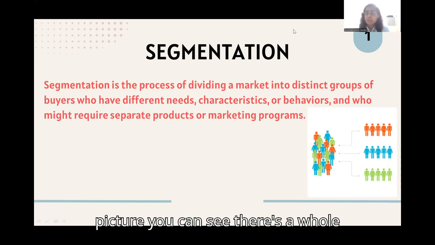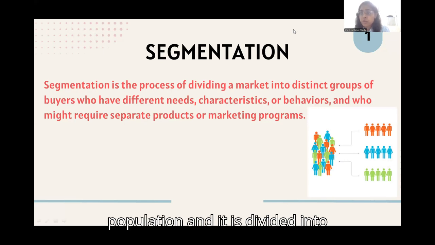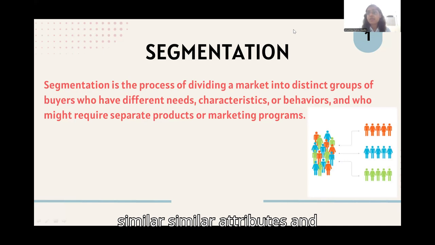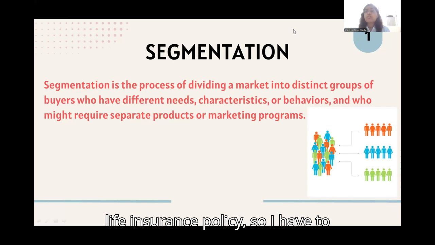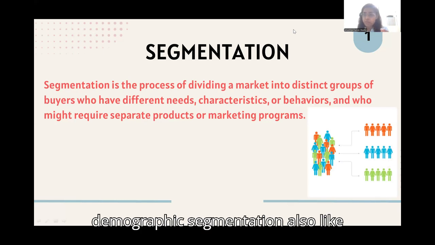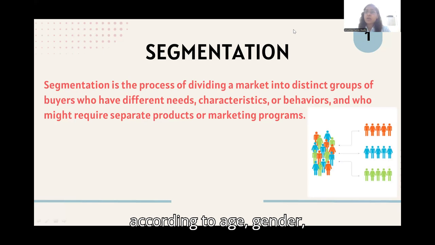As in the picture you can see, there's a whole population and it is divided into three groups: orange, blue, and then green. So it shows that they are having similar attributes and characteristics. Just for example, if I want to sell a life insurance policy, I have to divide the population in a demographic segmentation also, like according to age, gender, occupation.